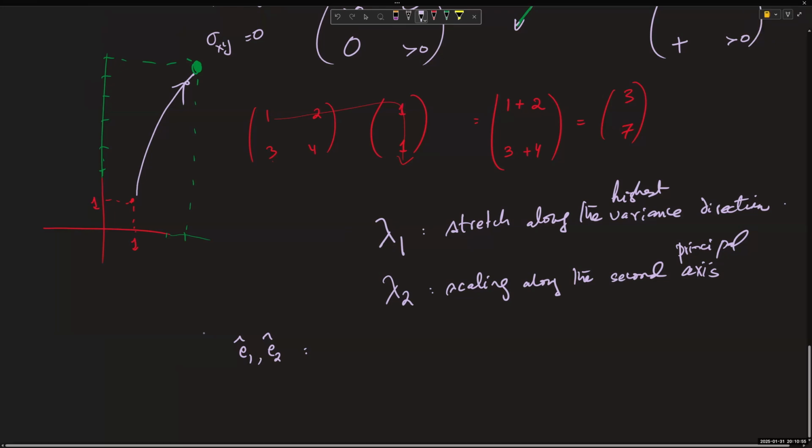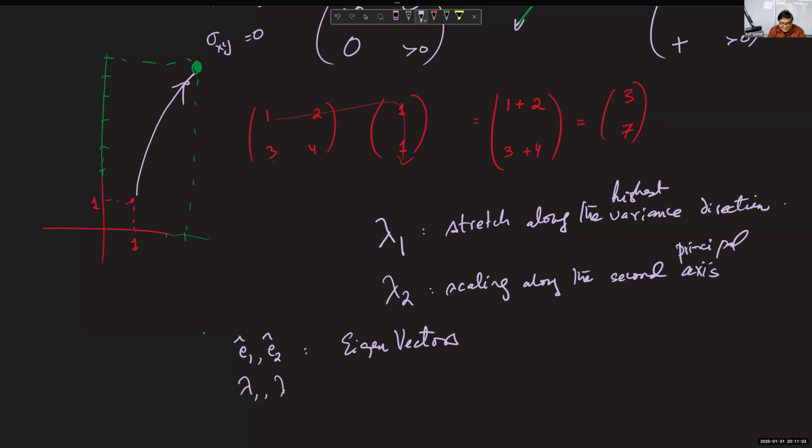Eigenvectors. Everyone knows that, but don't know what now. These are called eigenvectors. And lambda 1, lambda 2 are called eigenvalues.